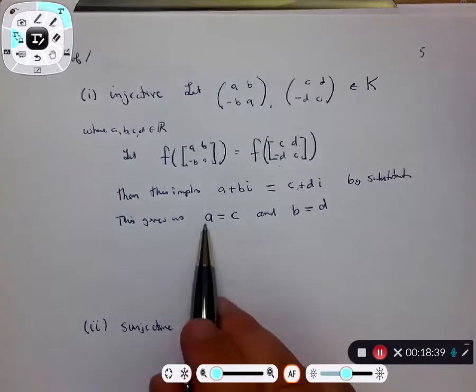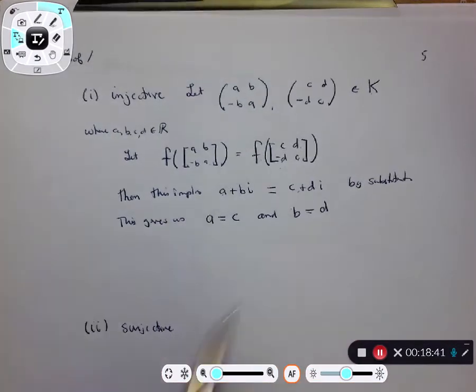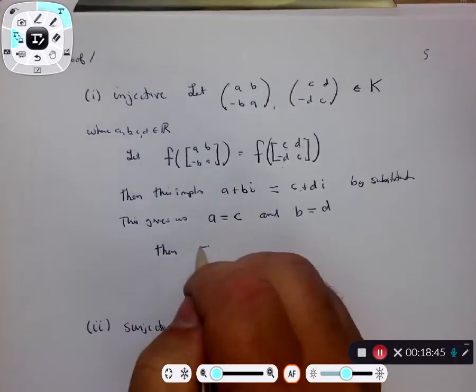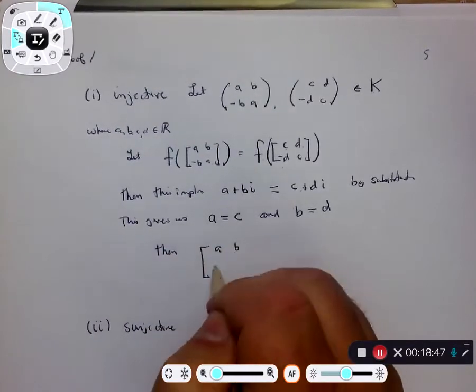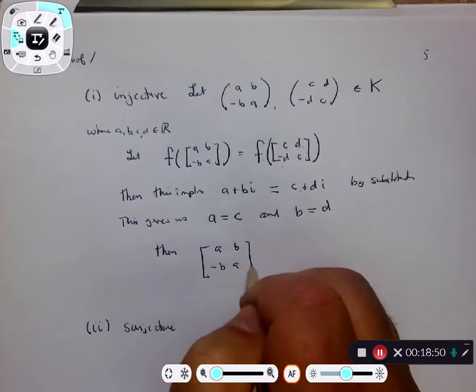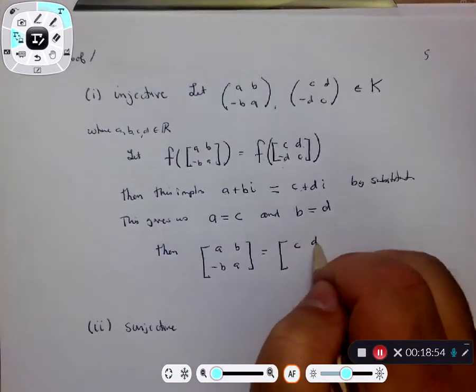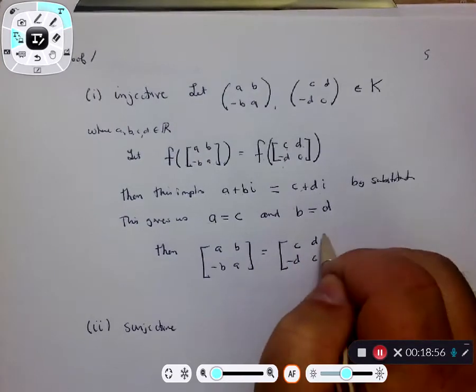And so with a equals c and b equals d, this matrix a, b, negative b, a would have to be equal to the matrix c, d, negative d, c.